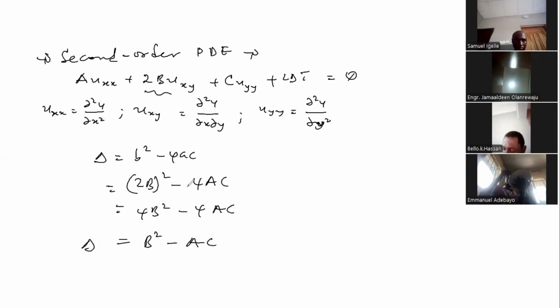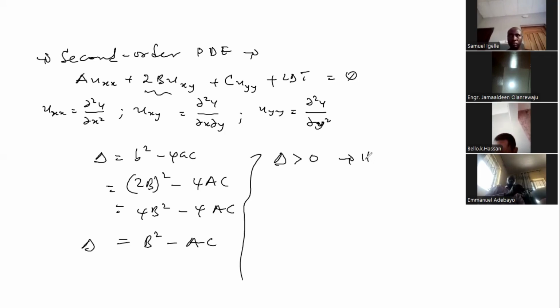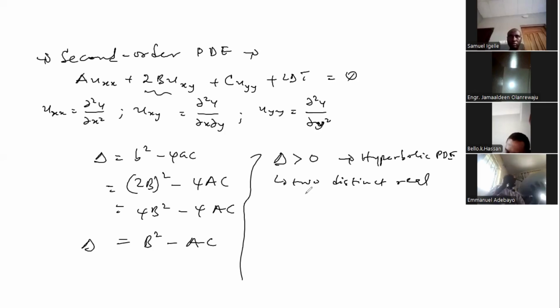And we already know that when this discriminant is greater than 0, we have a hyperbolic PDE. Largely because in this case, we have two distinct real characteristic directions this time. We are no more talking about roots, right?